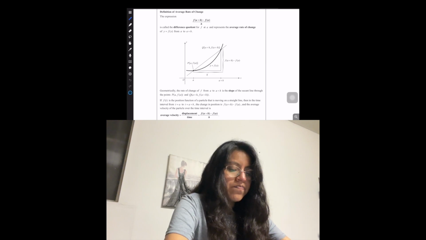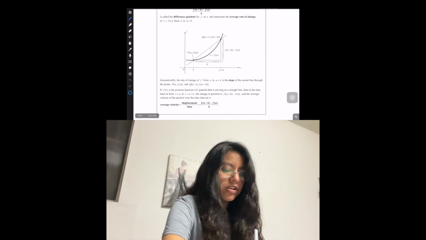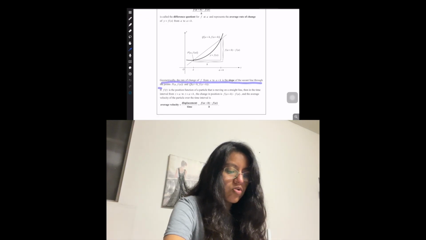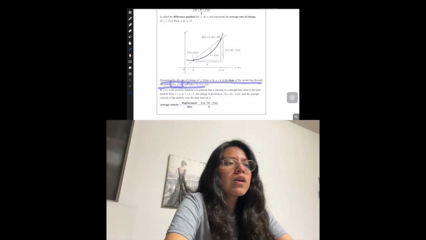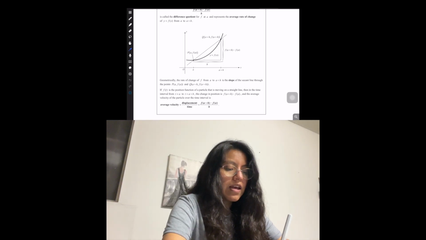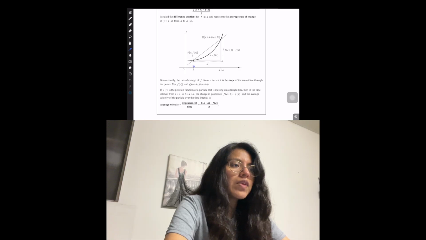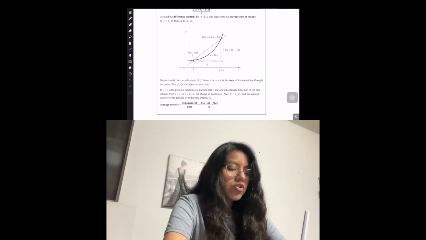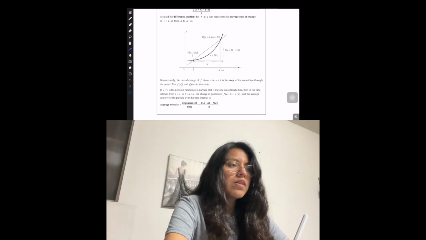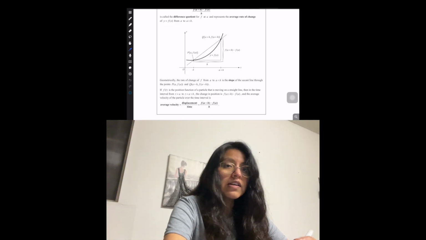Here they tell us geometrically the rate of change is the slope of the secant line through the points P and Q. How that builds later on is that if we're thinking about the intervals, let's say A and A plus H, as we shrink the distance between these two points so that it approaches 0, that's going to transform us into the instant rate of change.